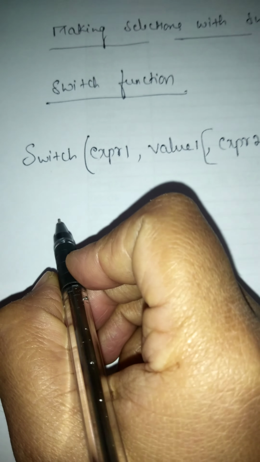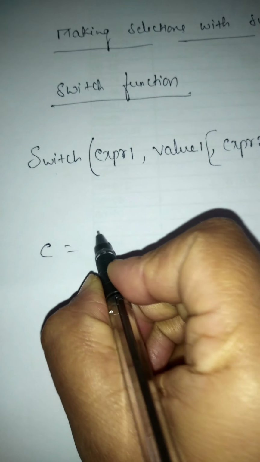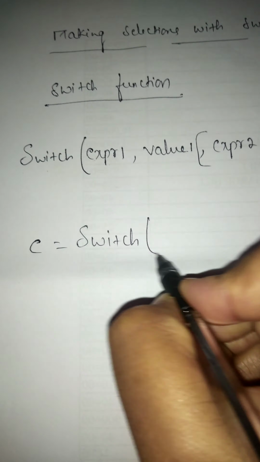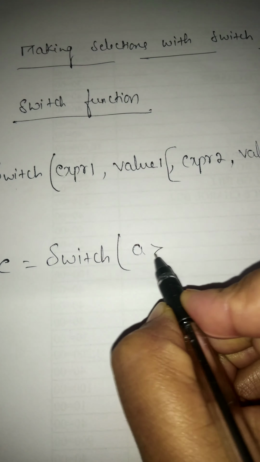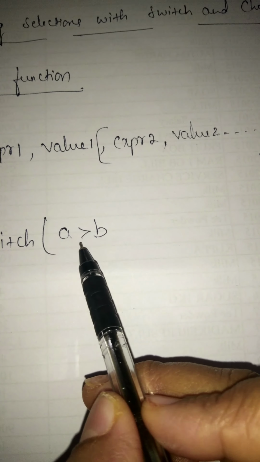For example, to find out the greater number among two numbers, we will have three variables, a, b, c. If I write c is equal to Switch of a greater than b, what condition am I checking? a greater than b.